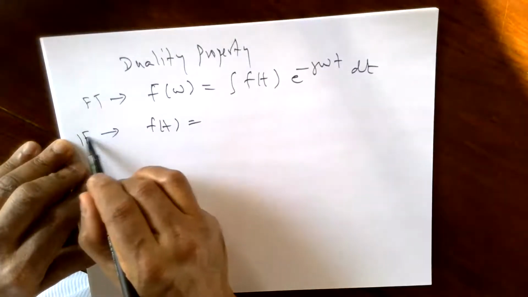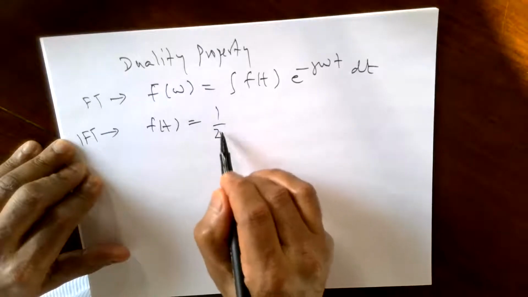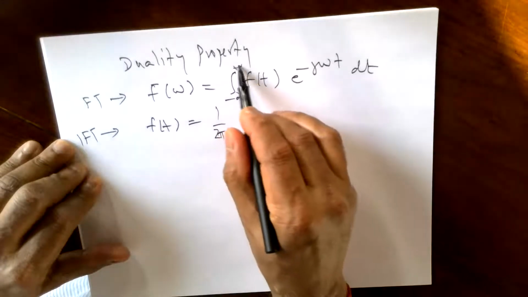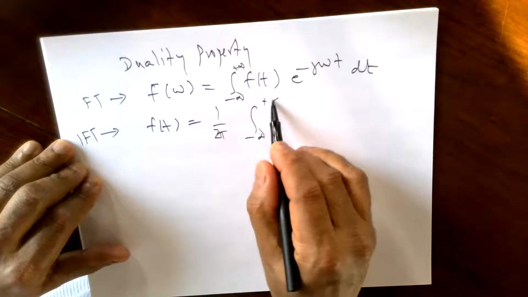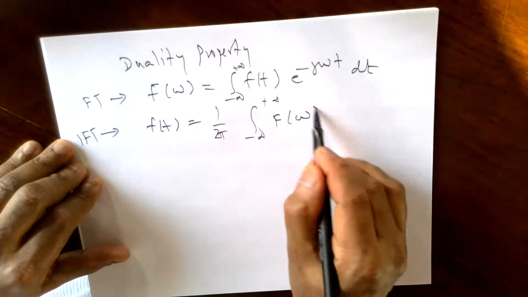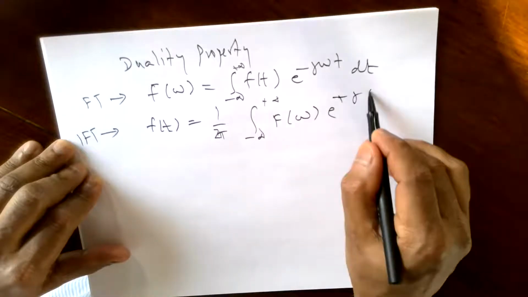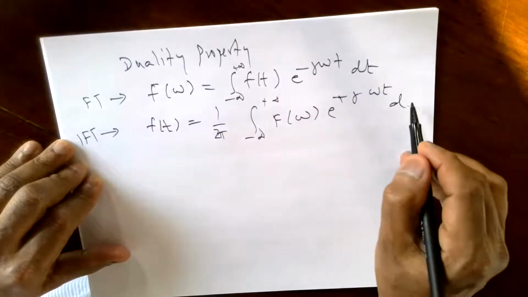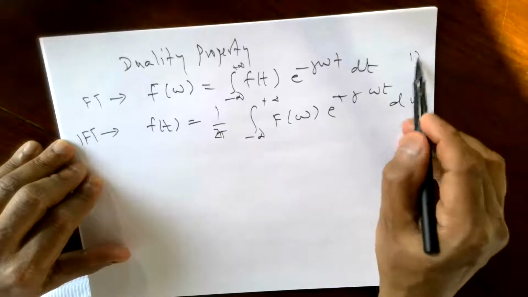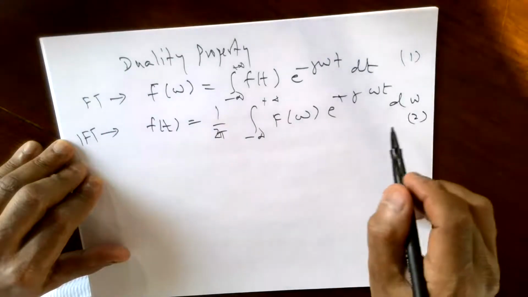And as you know, the inverse Fourier transform relation is 1 over 2 pi, with limits from minus infinity to plus infinity, so f(t) is the integral of F omega e raised to plus j omega t d omega. So you have two relations, the Fourier transform and its inverse.